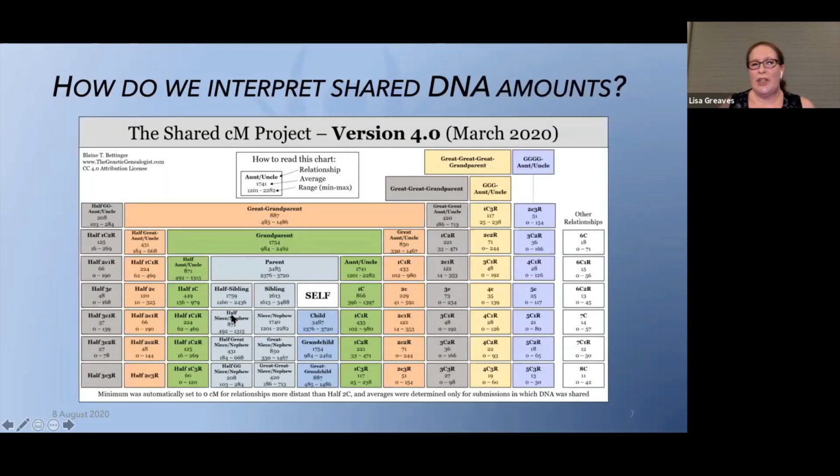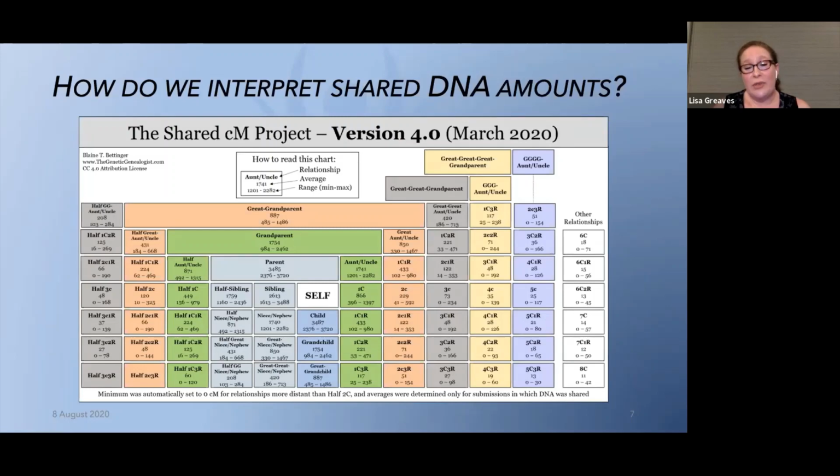So how do we interpret shared DNA amounts? As I mentioned just a moment ago, we quantify shared DNA in this unit of measurement called centimorgans, and we abbreviate that as cM, little c, big M. And it's just a way of quantifying how much DNA you share with another person.